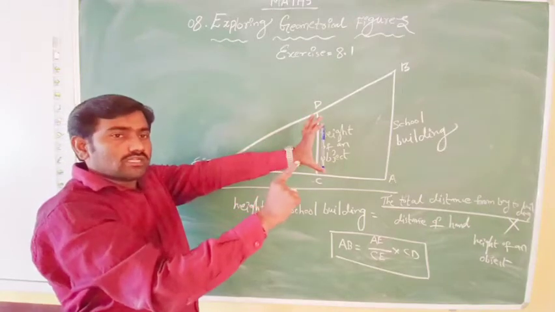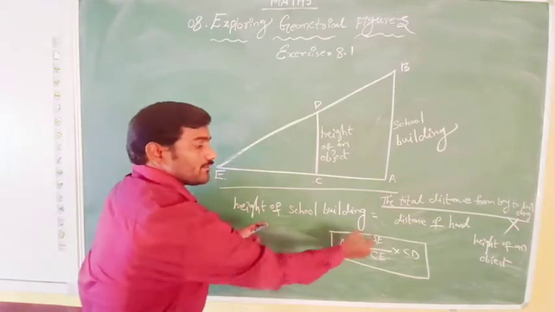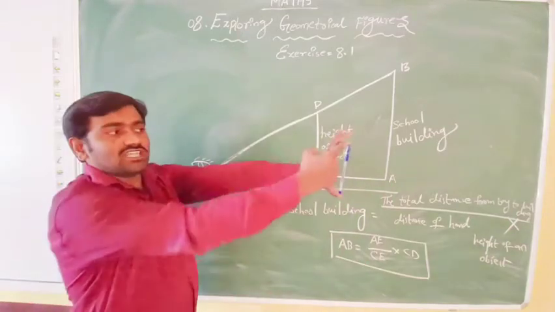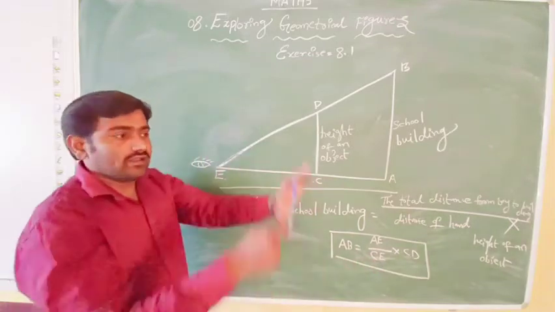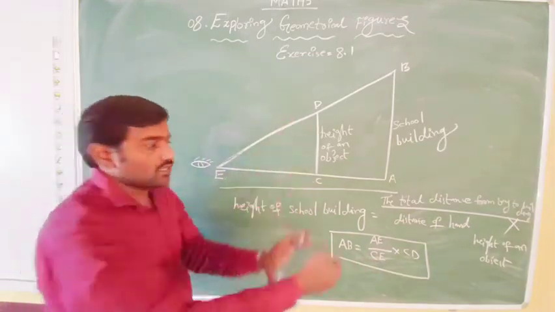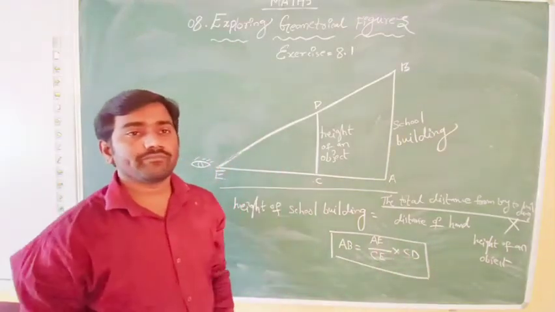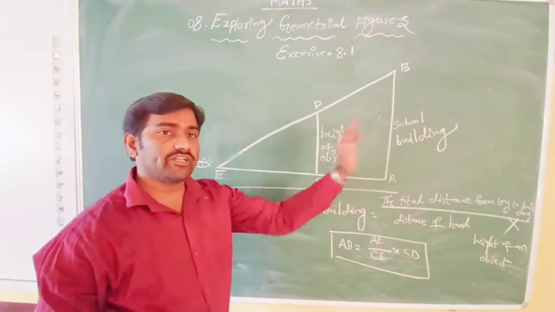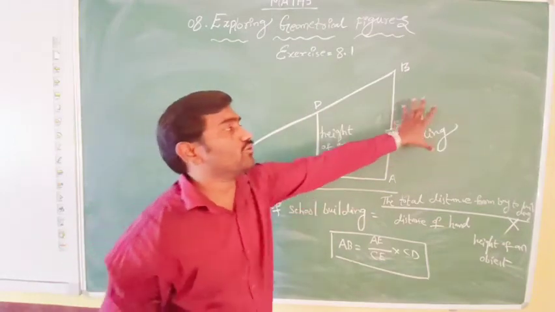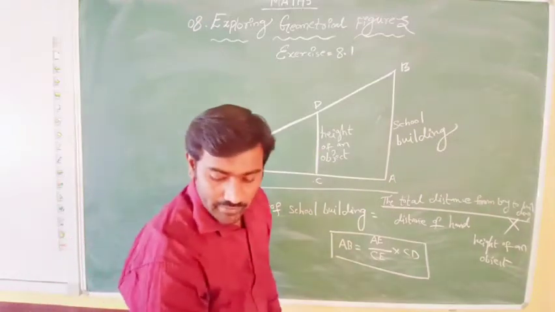You have to write the distance from you to the school building here, then the distance of the hand here, then the height of this object here, and simplify. You will get the height of the building or the height of the tree or the height of the mountain, whatever you imagine, but the process is same. You need to remember this.